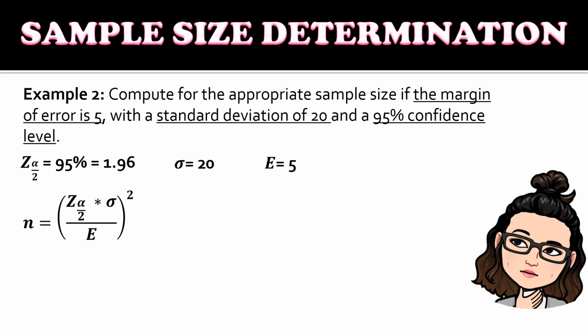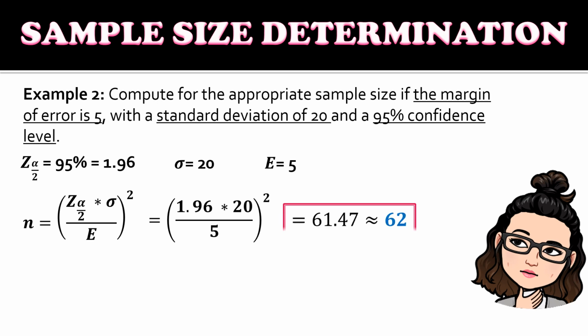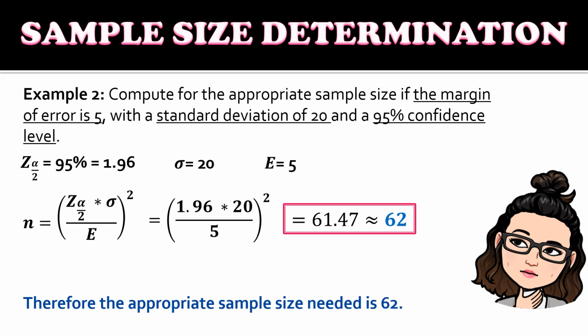So you substitute the values to find the sample size. We have 1.96 times 20 divided by 5, and then square the answer. We will have 61.47, which is rounded to 62. So therefore, the appropriate sample size needed is 62.